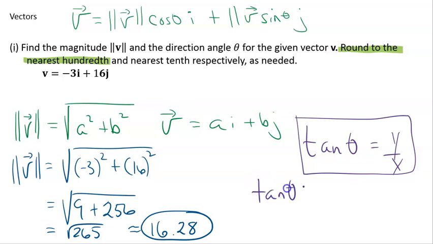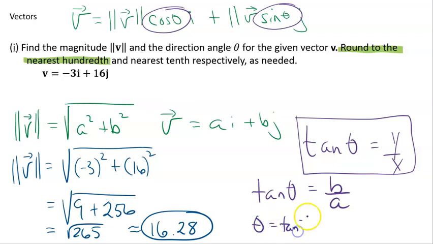Tangent of theta is equal to y, which is our b value, over x, which is our a value. Another way to think about that is sine of theta over cosine of theta. That works, doesn't it? So you're going to have to use your inverse tangent button. So theta is equal to the inverse tangent of b over a. And again, our b is 16, our a is negative 3.